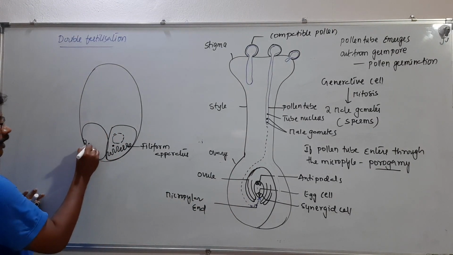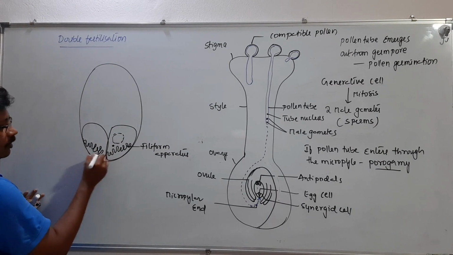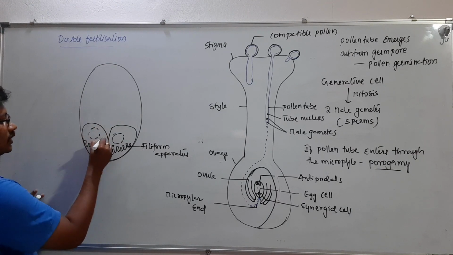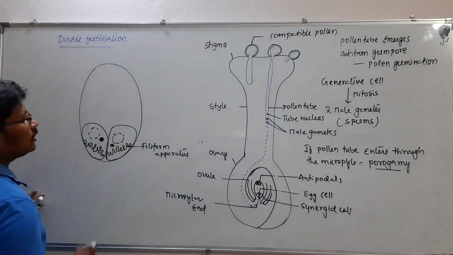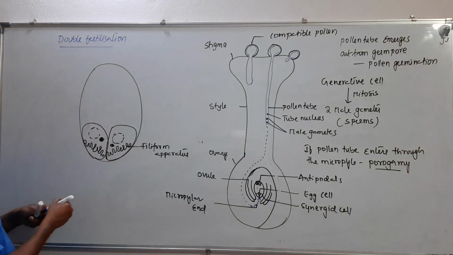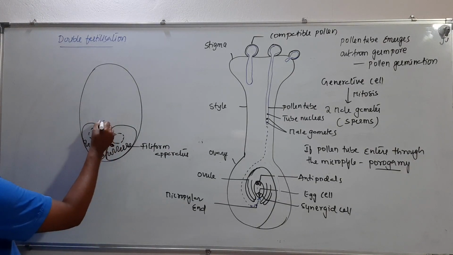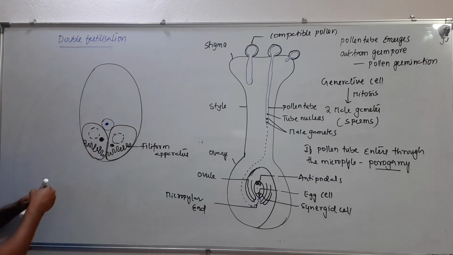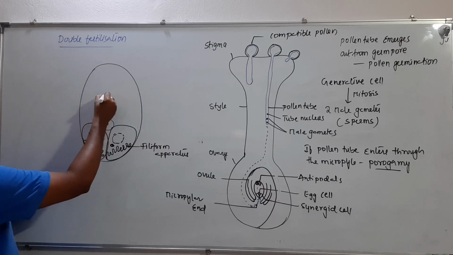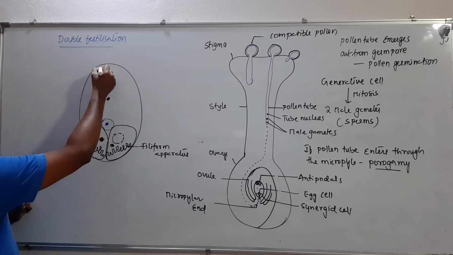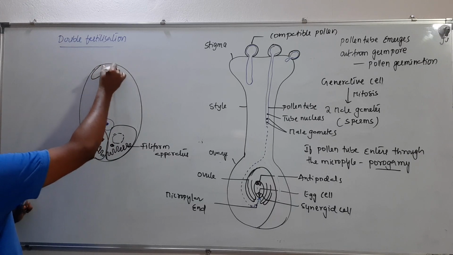Here also you will find the filiform apparatus. You may find the egg cell here, the polar nuclei, and here you will find the antipodal cells.